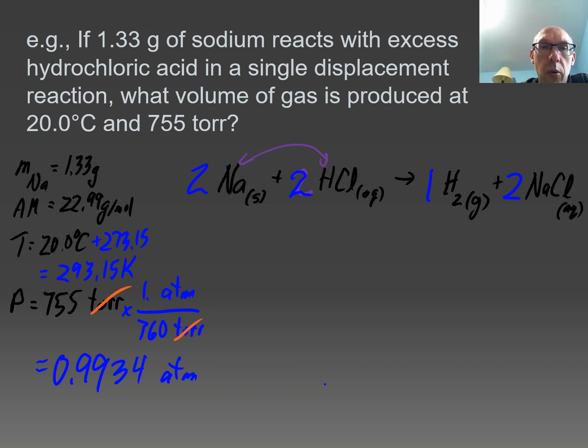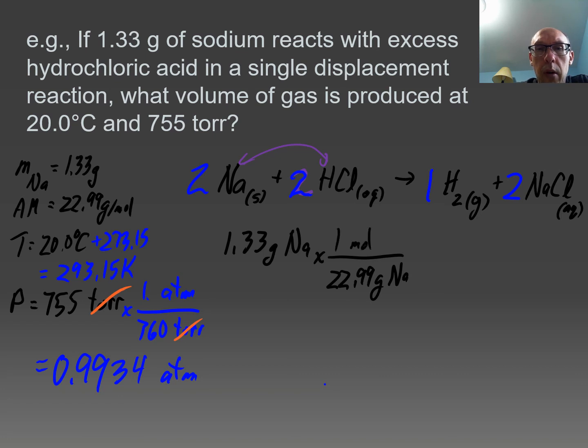That means I start with the 1.33 grams of sodium. The molar mass piece is 22.99 grams of sodium for 1 mole of sodium.